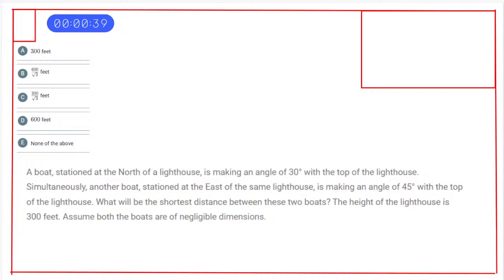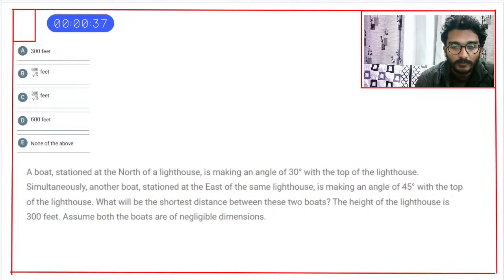Yes, 600 is the correct answer. So here, if you are attending the regular classes, you can say that this same concept has been repeated. We have done the same type of question earlier also. So there is a lighthouse and a boat is situated at the north with respect to the lighthouse.